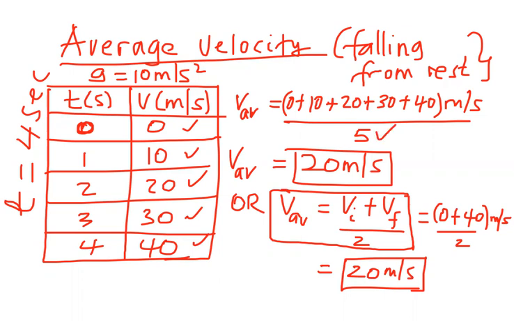Once you add them and divide by 5, you get 20 meters per second. So the average velocity here is 20 meters per second. It means that during the 4 seconds of travel, the object had some velocities below 20, other velocities above 20, but on average, it was traveling at 20 meters per second.